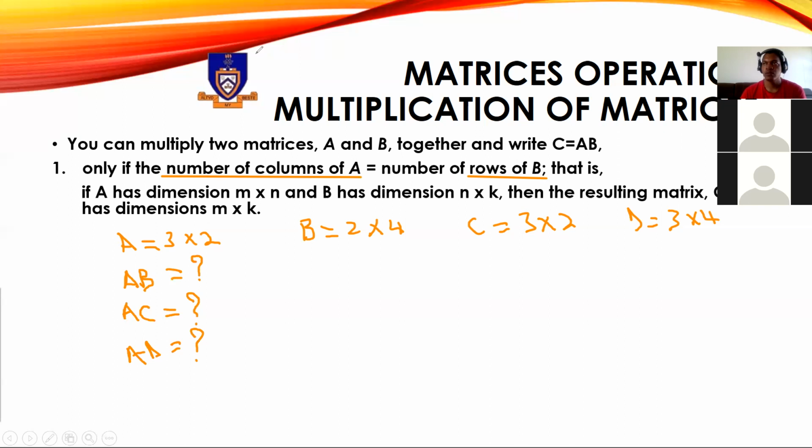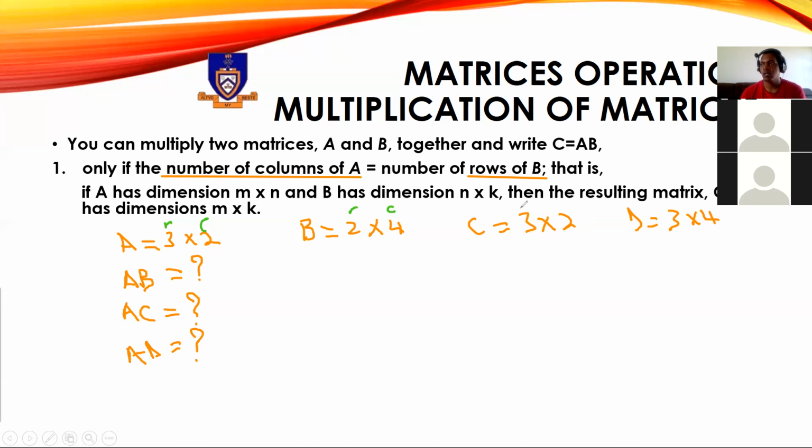What is important for us to note is the rows and the columns for each one of them. For the first one, A, the 3 here is the row, the 2 is the column. For B, the 2 is the row, the 4 is the column.